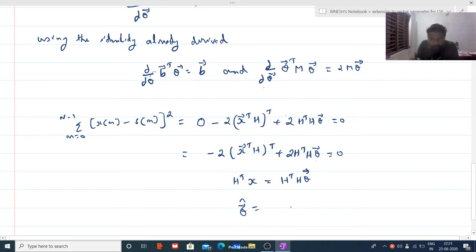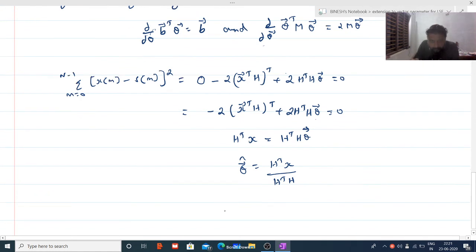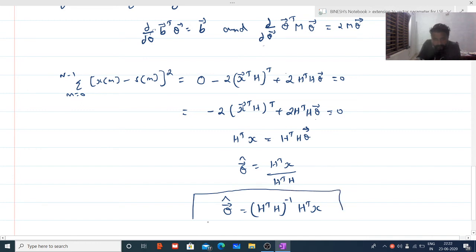It should be theta cap is nothing but H transpose X divided by H transpose H. So I can write it as theta cap is nothing but H transpose H inverse H transpose into X. So this is the equation for the values of theta after minimizing.